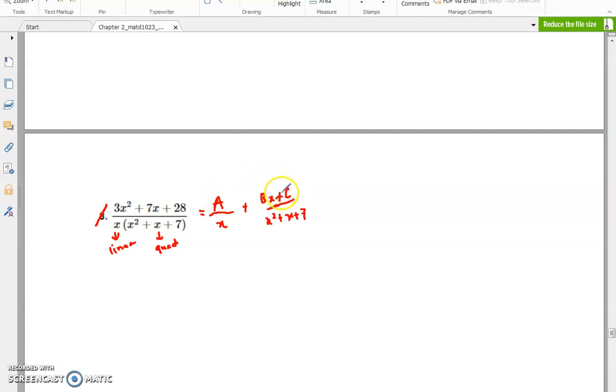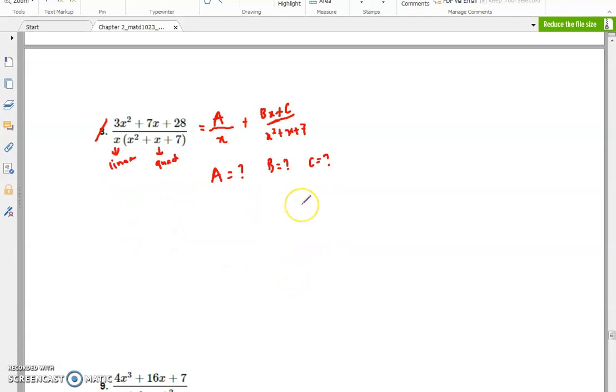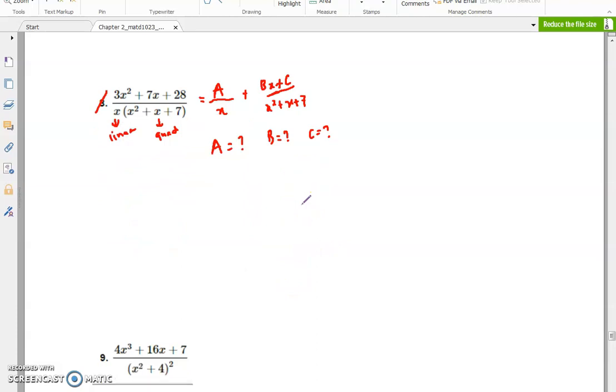Okay, now let us see how to find the value of a, b, and c. Next we are supposed to find what is the value of a, what is the value of b, and what is the value of c.